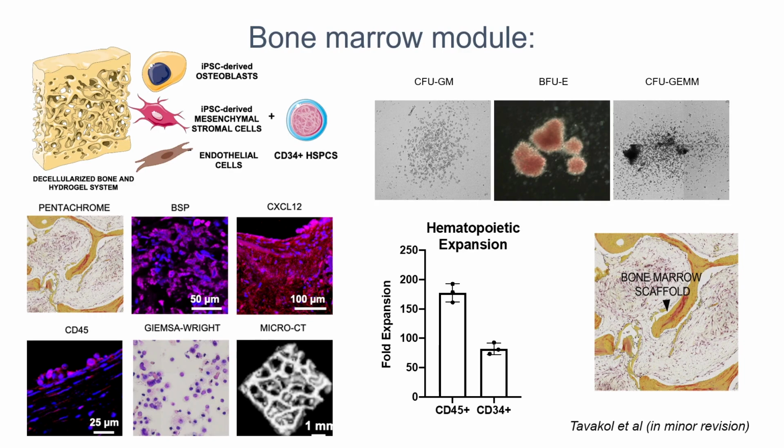This bone marrow can be used in two important ways. One is that we are plugging it into our multi-tissue platforms. I'll show you examples to serve as a source of macrophages that are very, very important, both resident and circulating macrophages, for the functionality of many tissues.